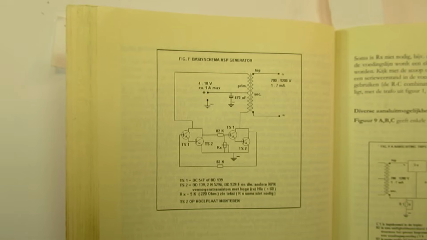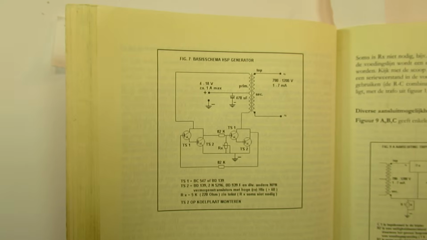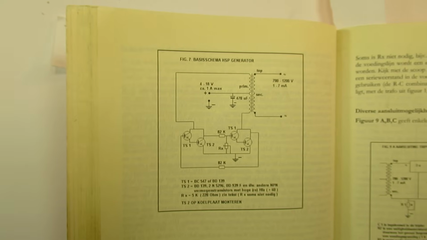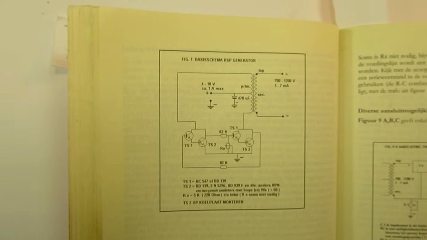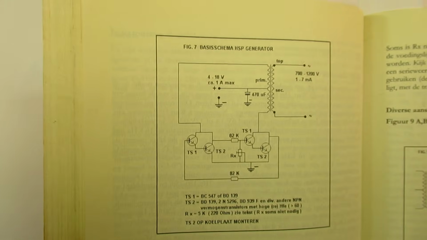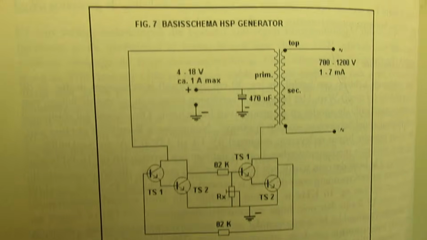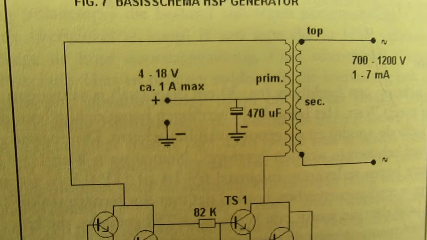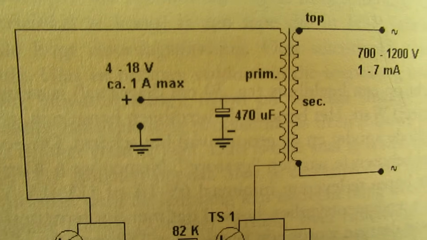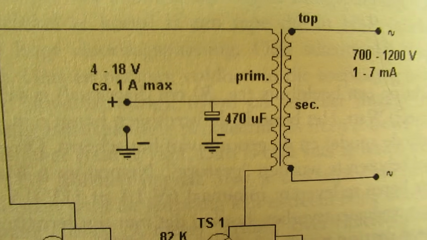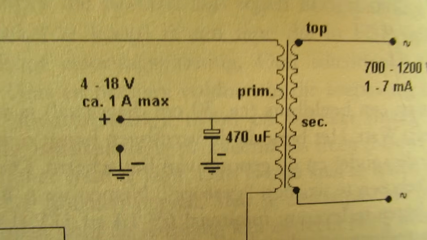Now there are 2 Darlingtons used, and I've used this for a high voltage generator to serve an oscilloscope. But the interesting thing here is that we have a transformer with a middle tap. Here is the middle tap, and that makes it much easier to get the whole circuit into oscillation.